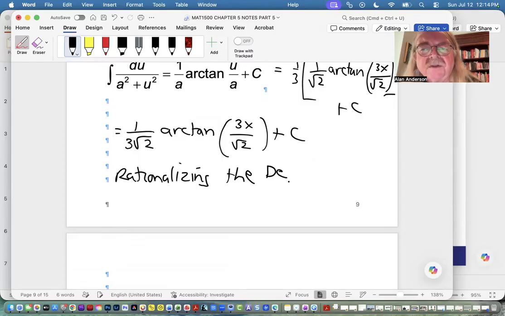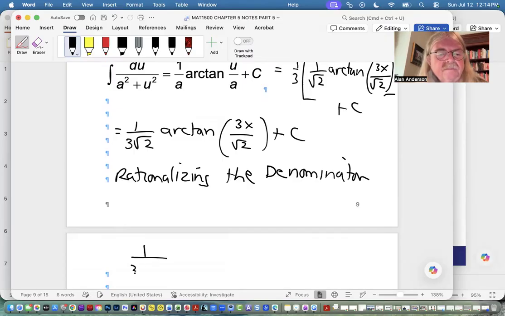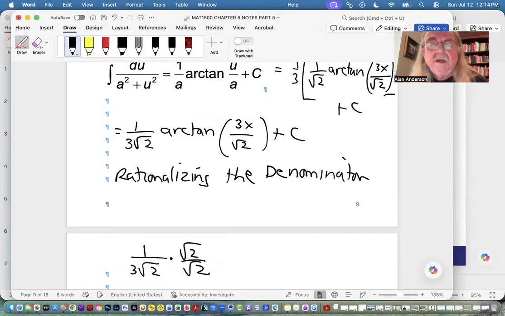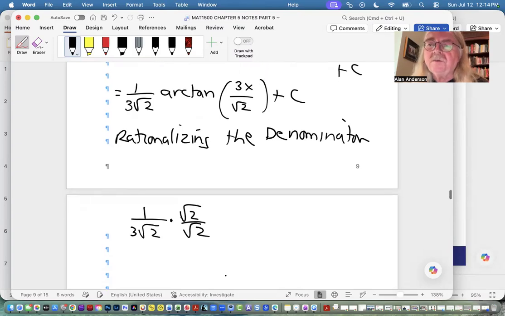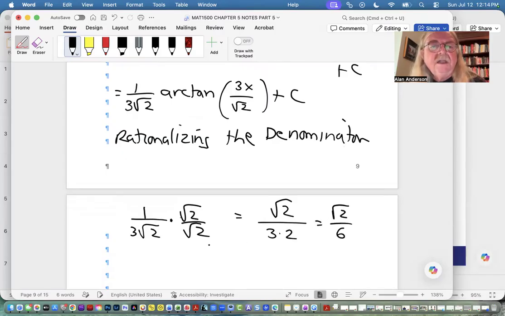They're irrational numbers, and by convention, we try to avoid having those in the denominator of any expression. How do we get rid of it? We multiply by a specially chosen form of 1. And then for the other one, same thing.